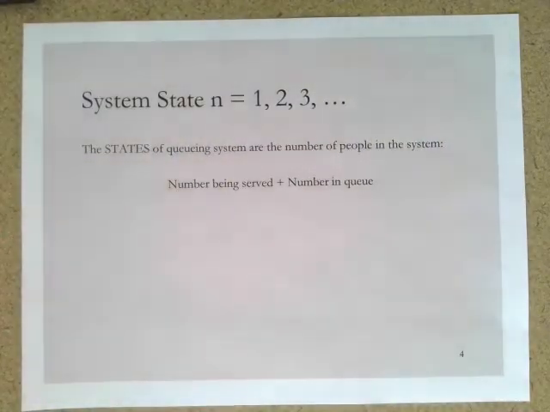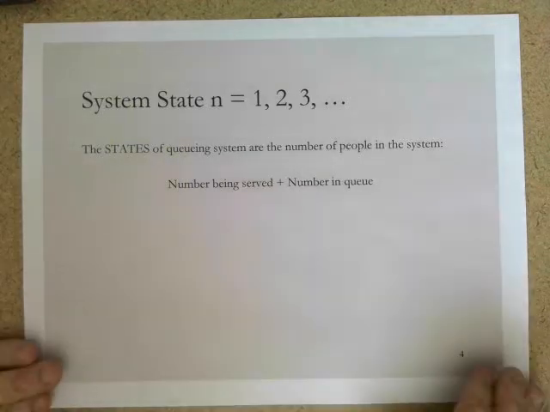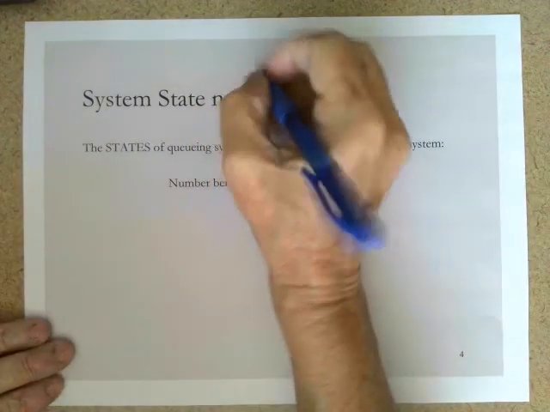We're also going to be referring to the queuing system as being in a certain state. It's really dependent upon time, but this textbook uses N to represent the number of people in a system. So we could be in state 1, 2, 3, and for some reason I forgot 0.